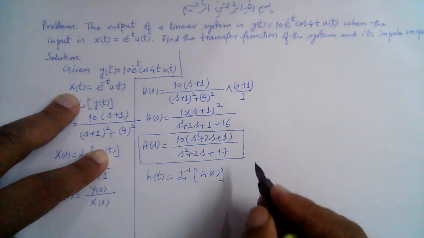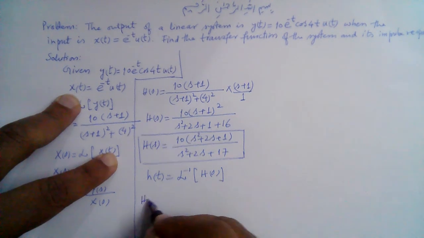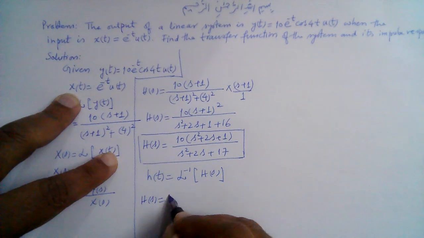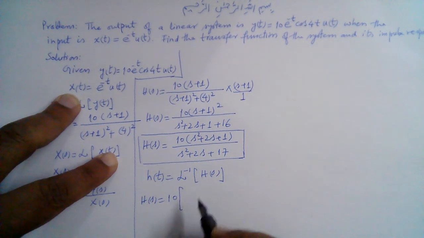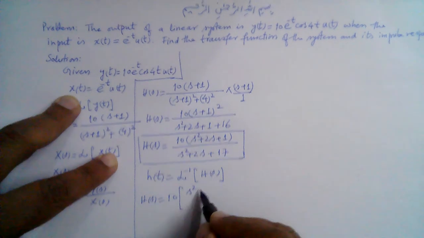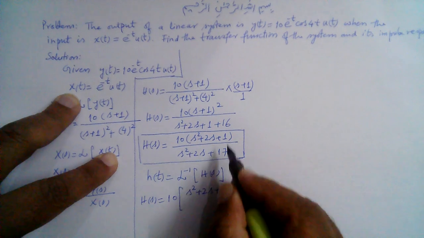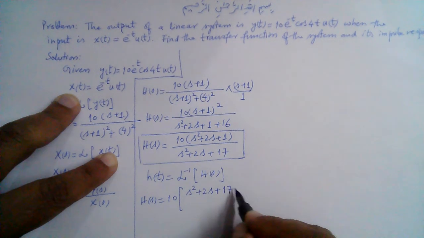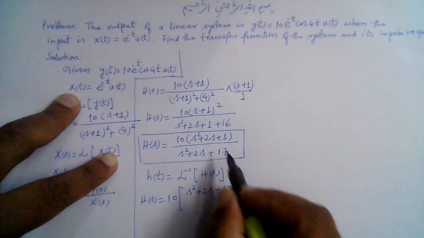So let us express this transfer function like this. This 10 is multiplied and we take it common, so this is s square plus 2s plus, we write this one as 17 minus 16, 17 minus 16 is 1, right?